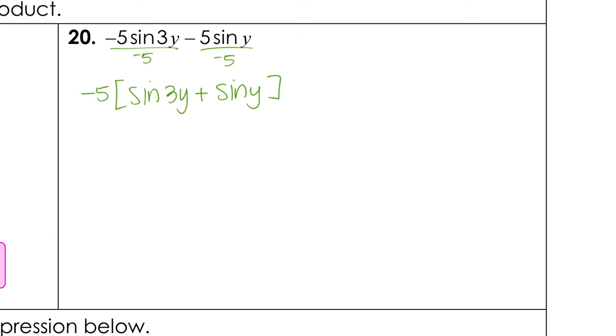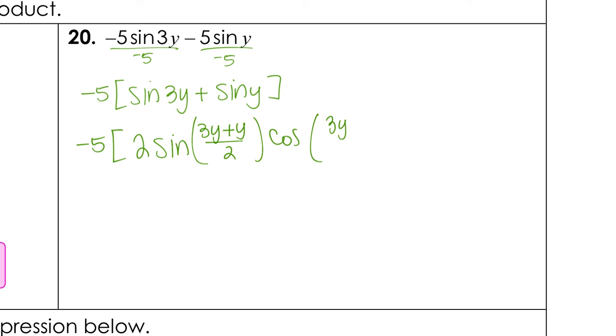So I still need this -5, but the rest of it's going to be 2 sine 3y plus y over 2 cosine of 3y minus y over 2.